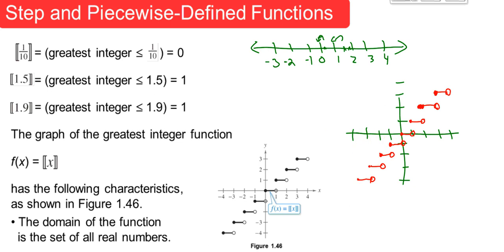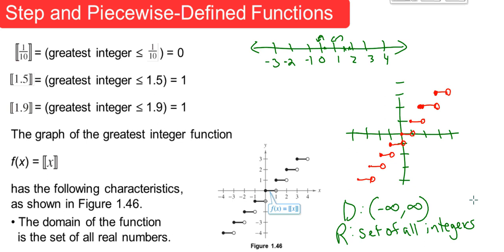So for this, the domain is all real numbers from -infinity to +infinity, but the range is a little bit different. The range is all of these integers as we look at it. And so the range, I'm going to give a descriptive range, is the set of all integers.